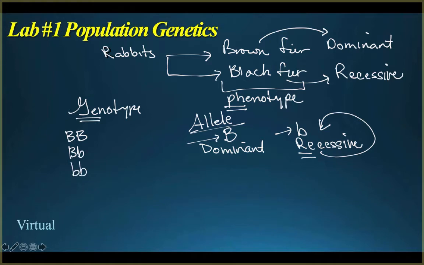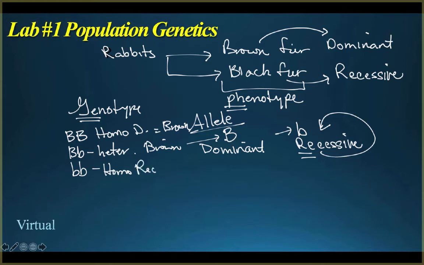So this is what's known as homozygous dominant, which means it has two big B's, and this one is going to be brown because that's the dominant phenotype. This has a big B and a little b, so there's a combination of alleles there, so it's heterozygous. This again will be brown. And then this is homozygous recessive. This is going to be black.